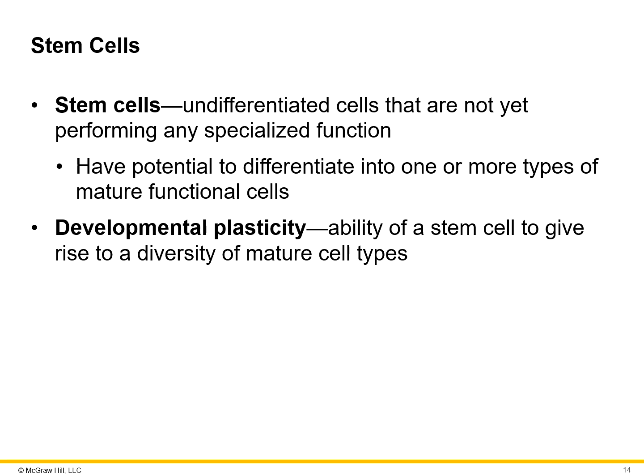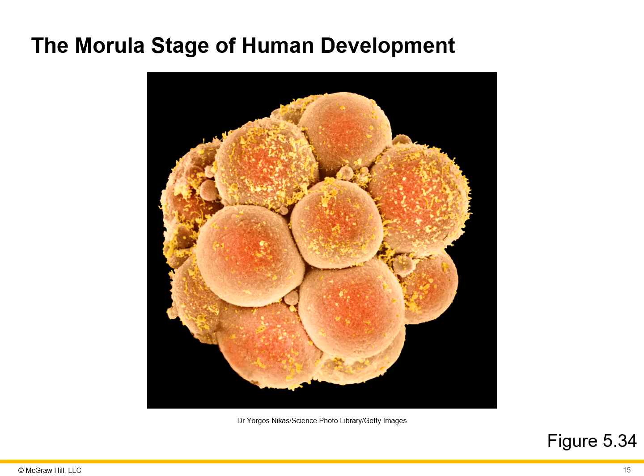As the stem cells give rise to a diversity of mature cells, that is called developmental plasticity, right? Because we're changing the ability of what these cells can do. Here we have a morula stage of human development.